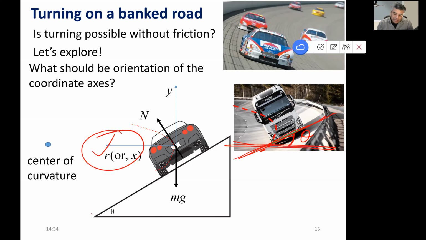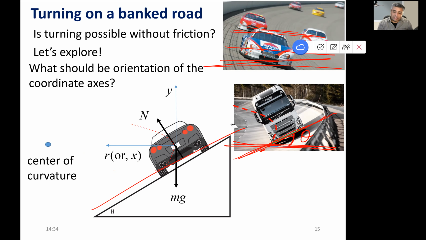When we had an inclined plane, we chose one of the axes along the inclined plane. But that was the case when the object was actually moving along the incline. Do you guys remember that? Here it's not moving along the incline. These cars are not sliding up and down on the incline, are they? They are not. So that axis is irrelevant.